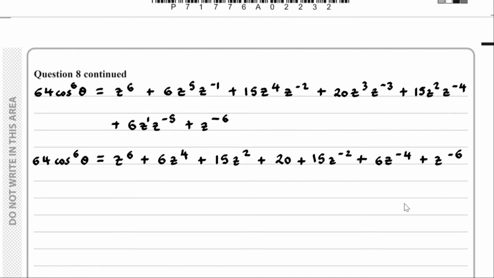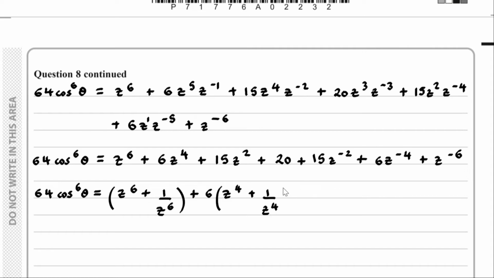And so if we group the terms together, I've got 64 cos theta to the 6, and then I've got z to the 6 on the right hand side plus z to the minus 6, which is the same as 1 over z to the 6, and then I've got 6 being multiplied by z to the 4 plus 1 over z to the 4, plus 15 times z squared plus 1 over z squared, plus 20.